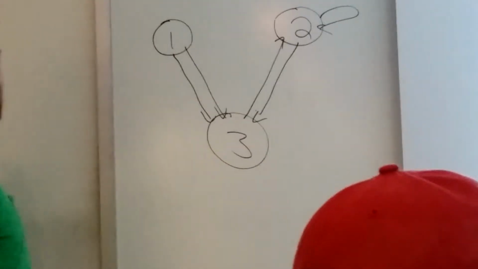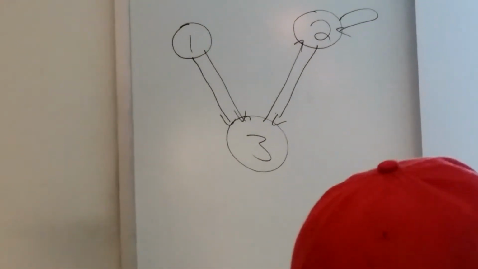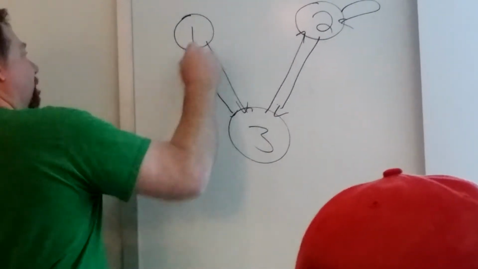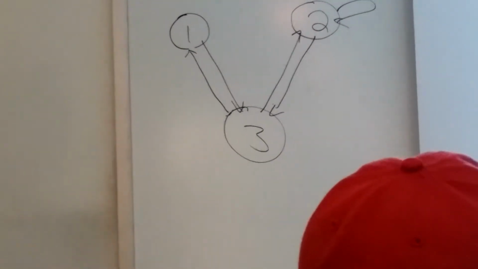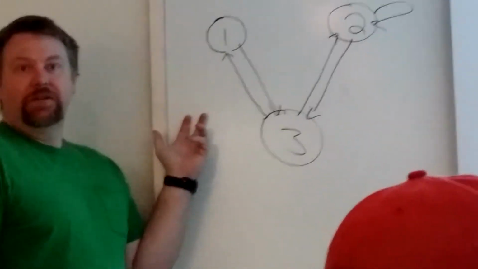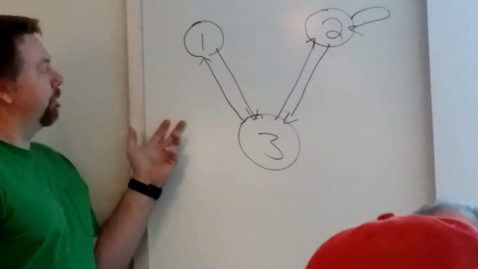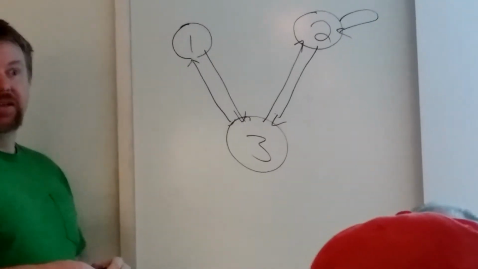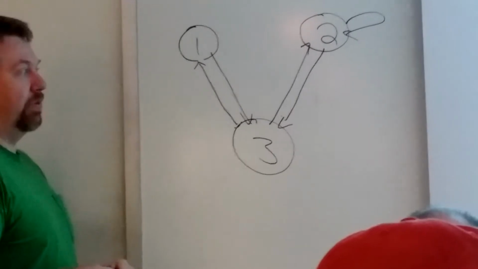One's pointing to 3 twice. Okay. Is this reflexive? Nope. 3 doesn't point to 3. Is it symmetric? Yes.